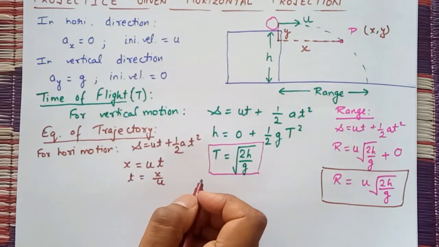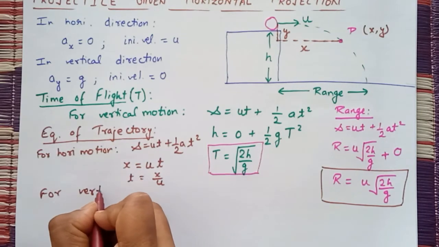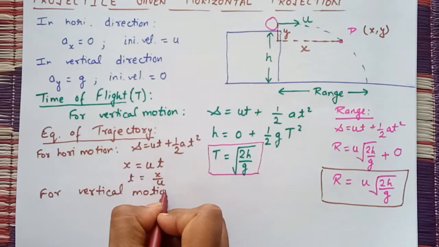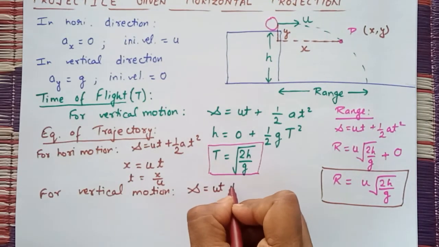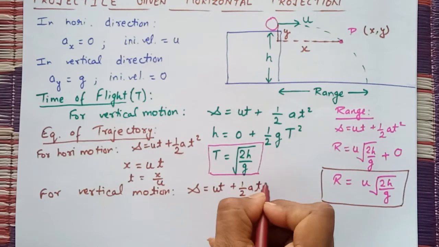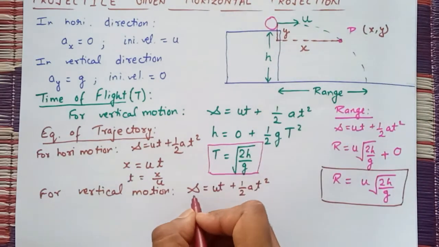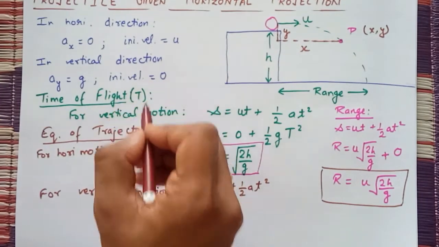Now for vertical motion, applying again s = ut + (1/2)at². What is the distance covered in the vertical direction? It is y. What is the initial velocity in the vertical direction? It is 0.